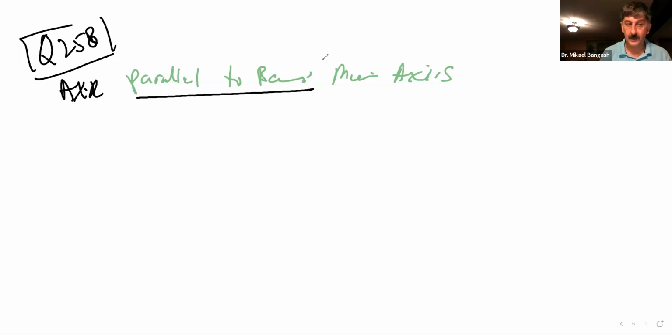Question number 259. Now you are purchasing a diagnostic ultrasound system. System X has an axial resolution of 0.7 millimeters.